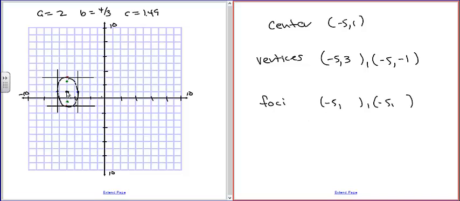Now the focal points are, that's C. So here we have 1 unit to the center to 2.49. And then you go the other direction. So you get 1 unit, which gets you to 0, and then another 0.49, so it's -0.49.